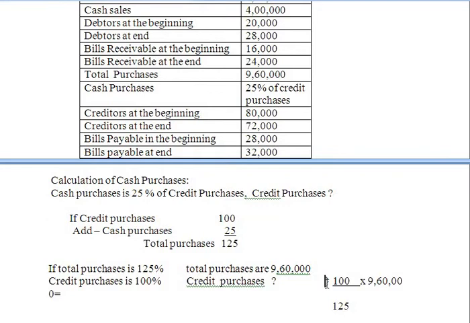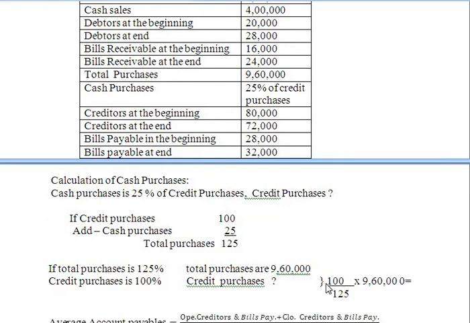We will get the amount of credit purchases. How have we calculated this amount? See here, total purchases percentage is how much? 125. If total purchases is 125%, the amount of purchases is 9,60,000.